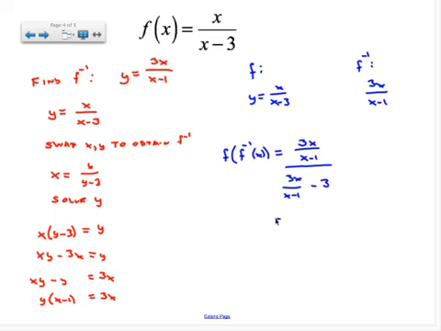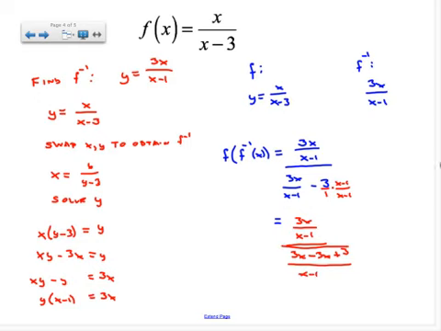That's going to be pretty amazing if it actually does that, but let's go ahead and go through the steps. This is going to be converted to have a common denominator. So 3 over 1 times x minus 1 over x minus 1 will give us 3x over x minus 1, over 3x minus 3x plus 3 over x minus 1.